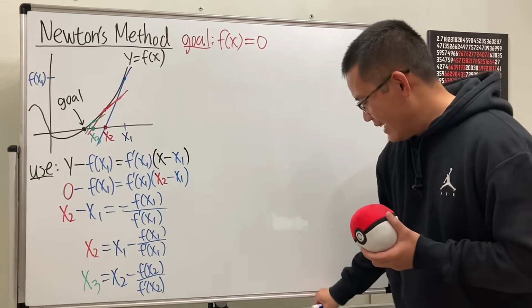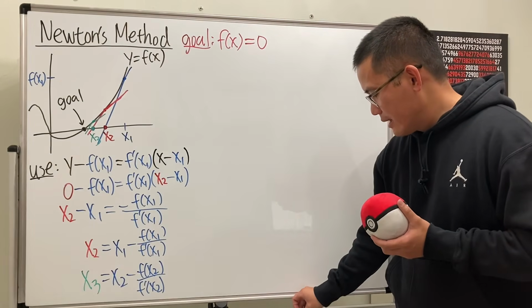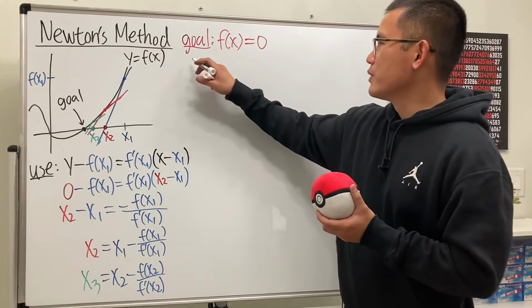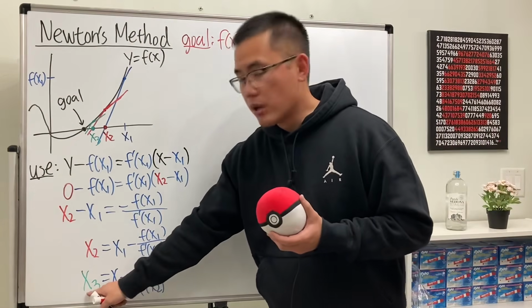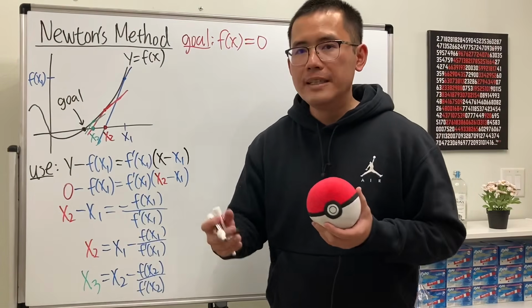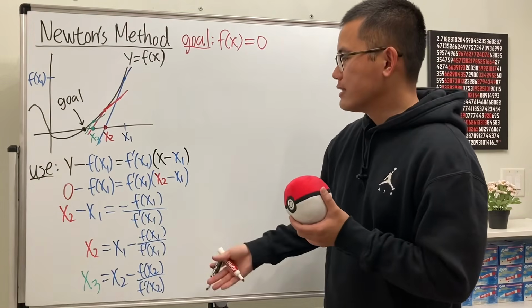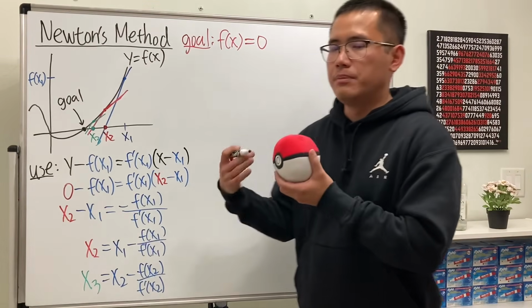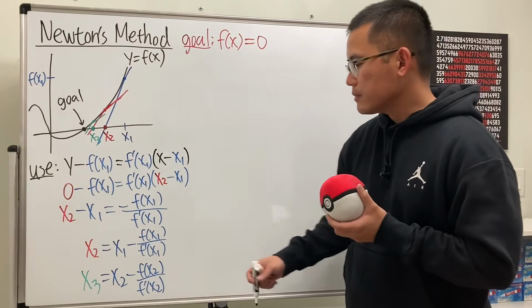Okay, so I'm going to just write down the formula right here for you guys. And ladies and gentlemen, this is the formula for the Newton's method. In general, we want to have an iteration, meaning that if this process works, then just do it as many times as we need to get the best approximation possible.